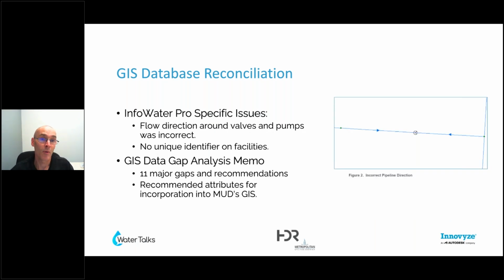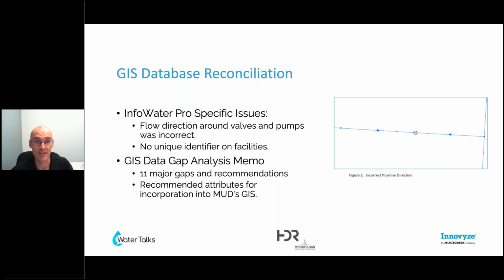So a few more issues that we had once we got to the point where we were ready to pull into the model: now we started to have some InfoWater Pro specific issues. And this one's pretty common. Many of you have probably seen this: flow direction around your nonlinear facilities like valves and pumps needs to be correct in terms of digitization direction.